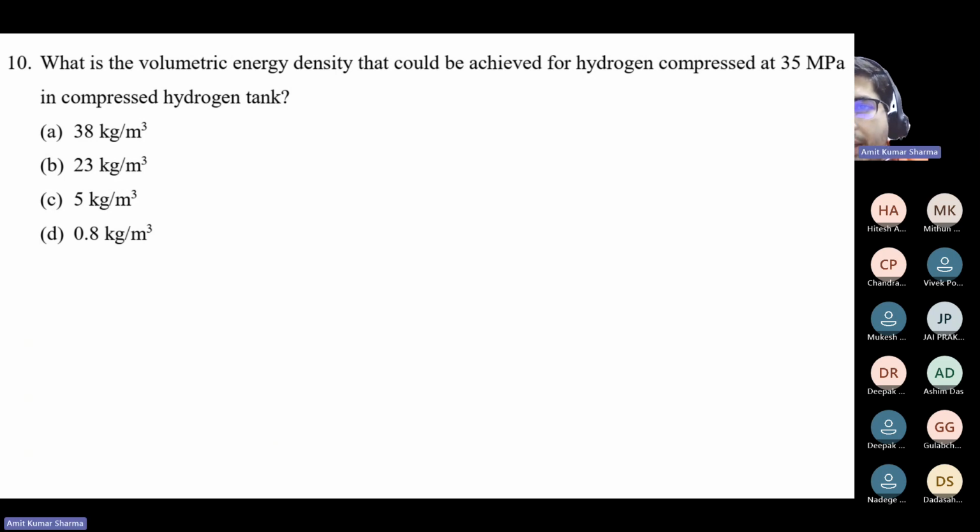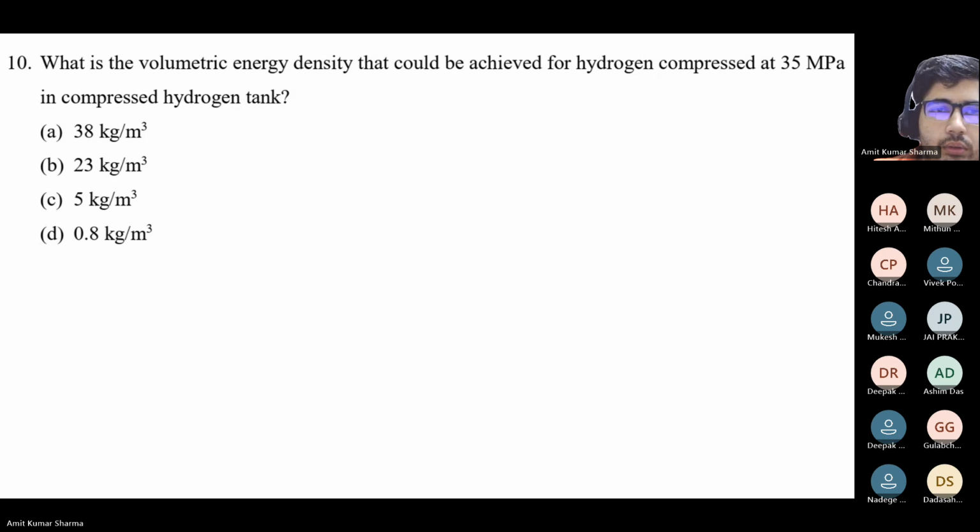What is the volumetric energy density that could be achieved for hydrogen compressed at 35 megapascal in a compressed hydrogen tank? 23 kg per meter cube. So have you calculated it or you remember? Just one slide before, there was important data. Nice. So just consider this as a numerical.